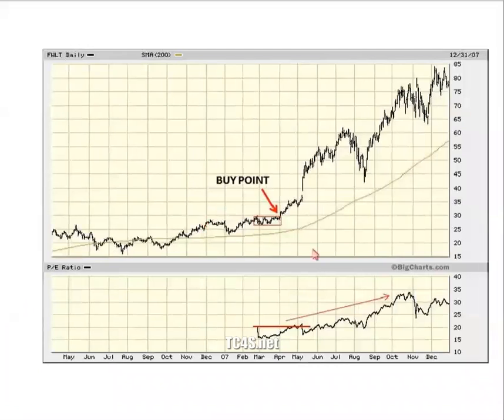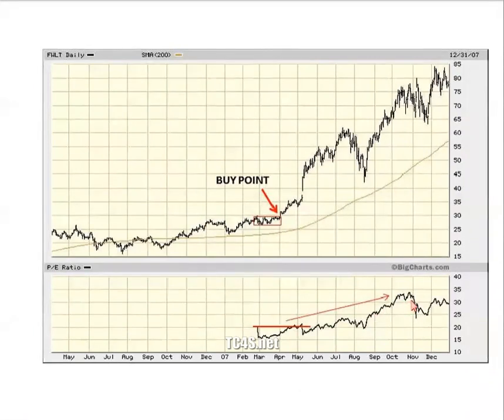Now, taking a look at it, here's the daily coming out of that very tight setup, and you see this move, how very efficient it is. And you'll also notice that at the time, if you were to look at the valuation, it was trading at some of the highest PE that it's seen, but that PE expanded even further quite a bit.